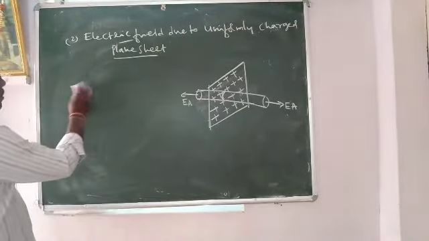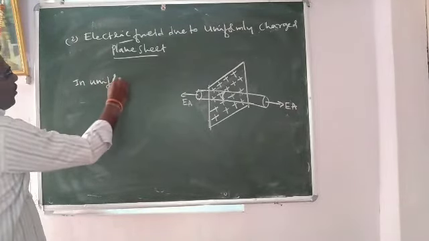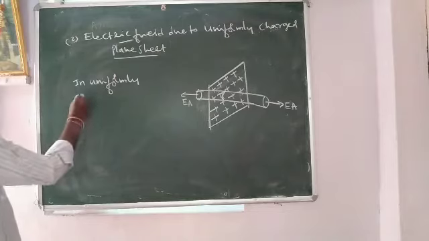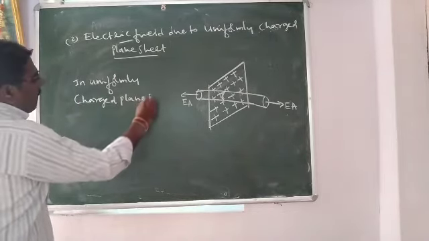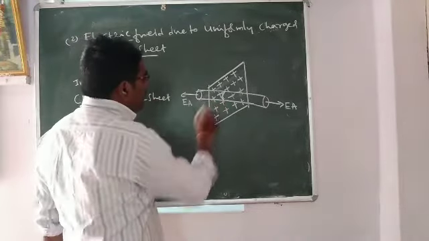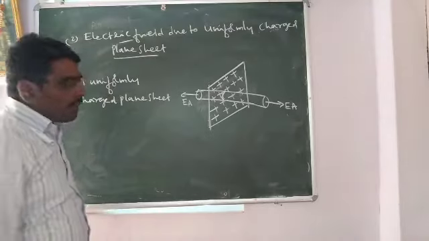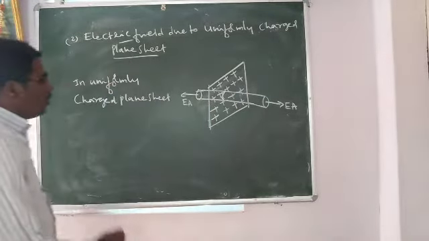In the uniformly charged plane sheet, the electric field due to the curved surface of the imaginary cylindrical surface is 0.